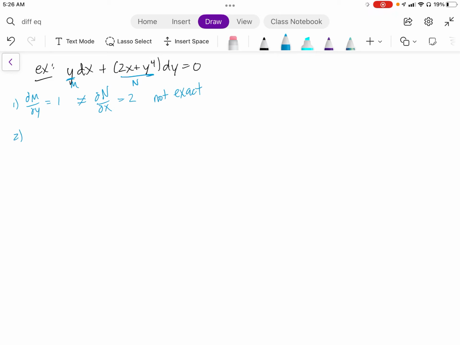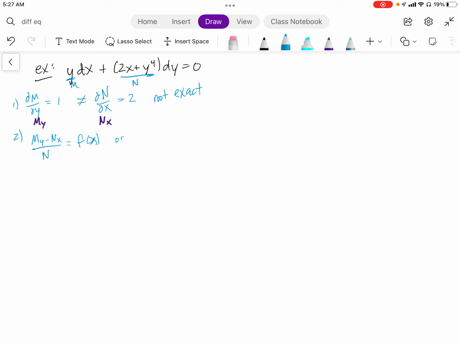Okay, step 2. If it's not exact, so what we often call shorthand, this M partial y, we call it M sub y, and this is N sub x. So what you do is you check M_y minus N_x over the original N, and if this is purely a function of x, then we can get this to be an exact form.